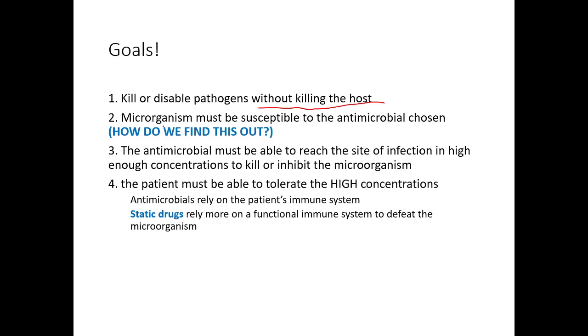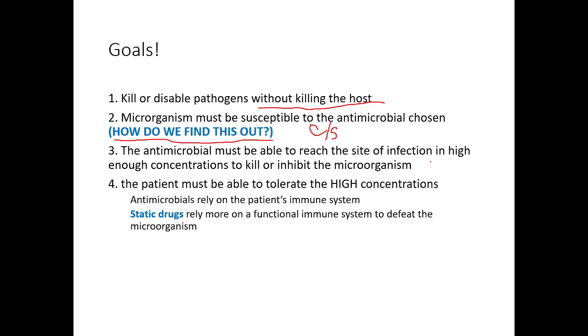We do have to figure out if the microorganism that we're trying to kill or disable is susceptible to the antimicrobial that is chosen. And how do we find this out? Culture and sensitivity. Very important. The antimicrobial must be able to reach the site of infection, or the tissue site, in high enough concentrations to kill or inhibit the microorganism.